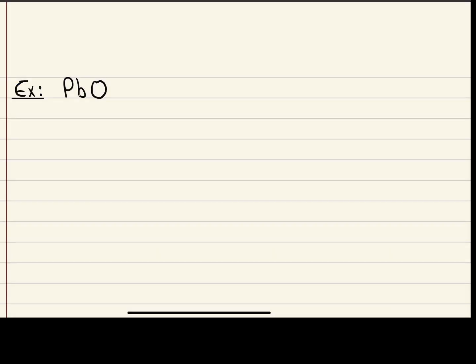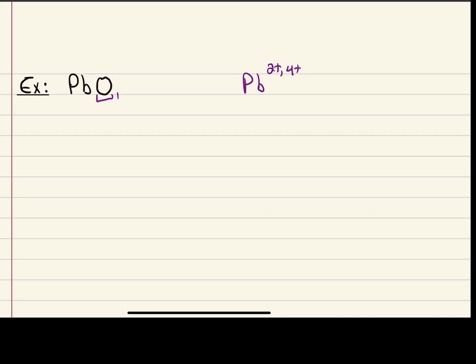Now, when we look at something like this, it is a little bit tricky, because if we look to the nonmetal, which is oxygen, it looks like it has a 1. The problem is, when we look at the periodic table, we see that lead has 2 charges, a 2+ and a 4+. And for oxygen, it has a charge of 2-.